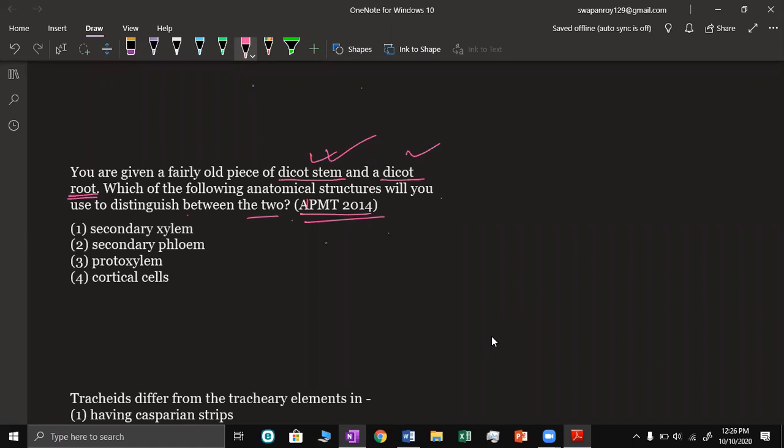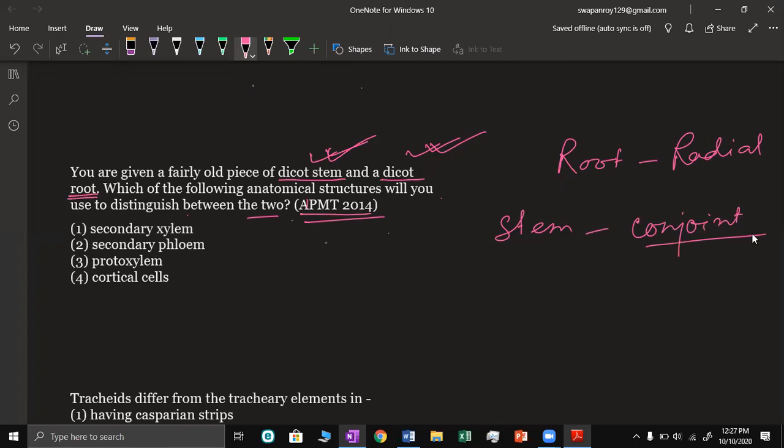So how do the stem and root differ in terms of vascular bundles? In the root it is a radial vascular bundle, and in a stem it is the conjoint vascular bundle.